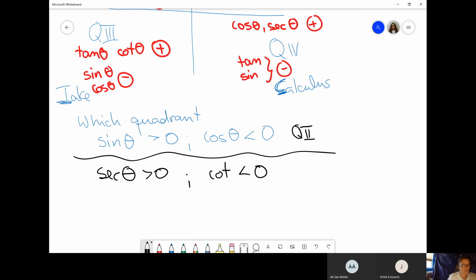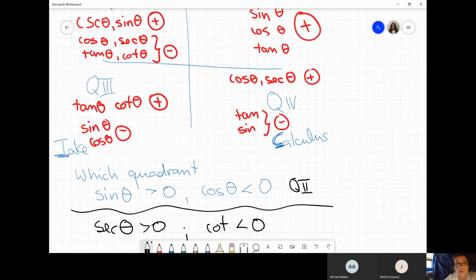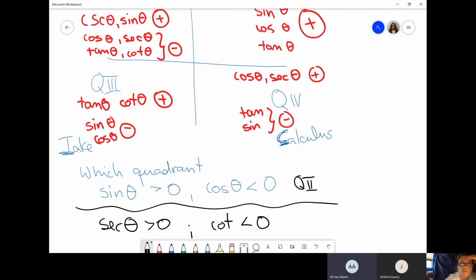Did Ali go? No, I'm just listening. Oh, you're listening. Okay, if somebody wants to answer, I can answer it. The secant is greater than 0, meaning positive. And the cotangent is negative. In which of the 4 quadrants is the secant positive, but the cotangent negative?